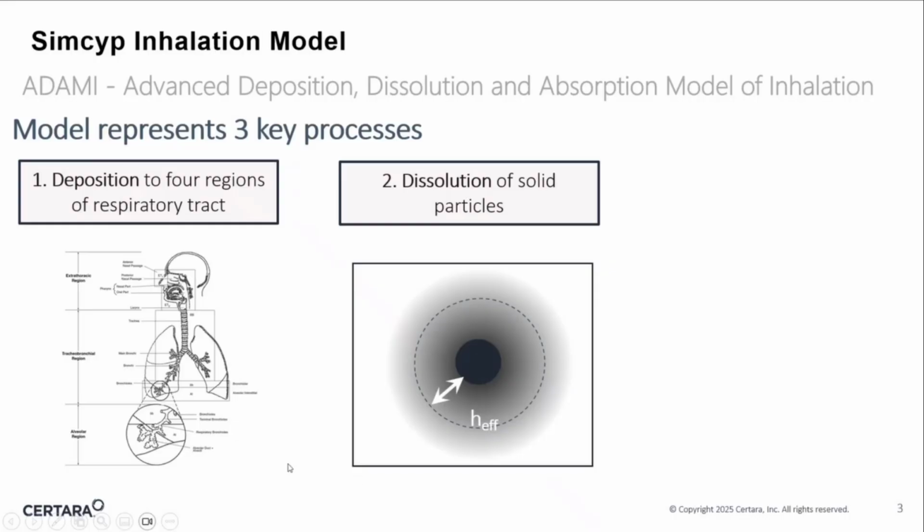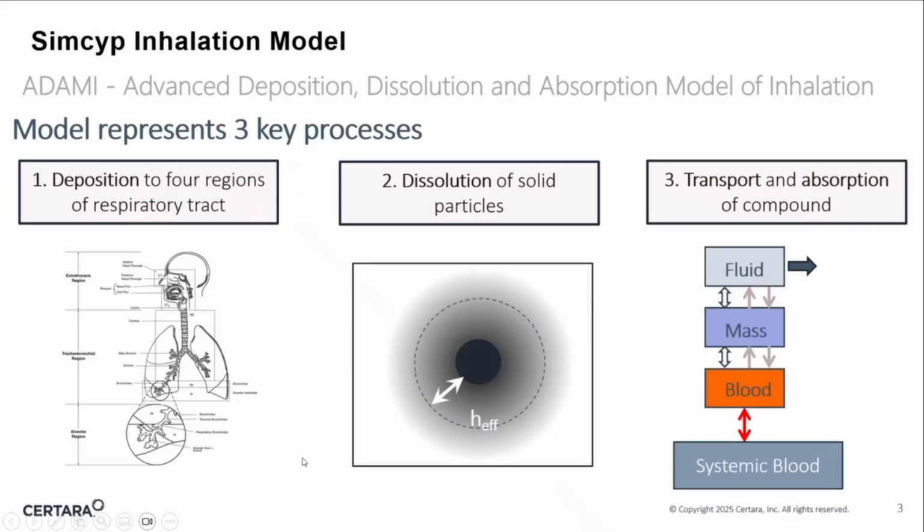The second process, relevant if you're using solid particles, is the dissolution of those particles. This is similar to what's in the oral model in terms of how the dissolution is handled. And then the third process is the transport of the dissolved compound, between the fluid where it's deposited, the lung lining fluid, into the tissue mass and then into the blood.